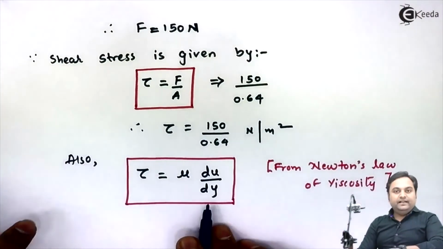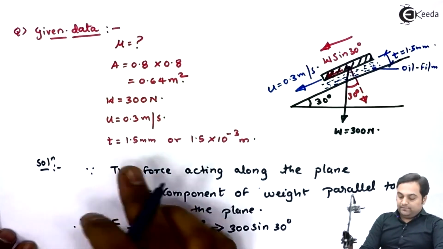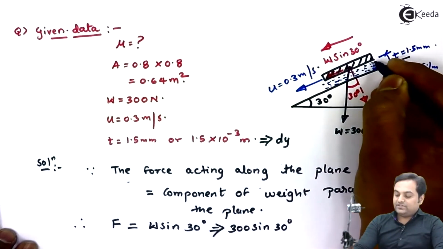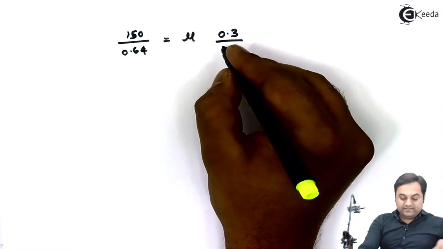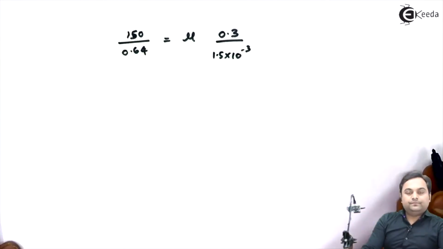The thickness of the oil film is equal to dy, so dy is 1.5 into 10 raised to minus 3.